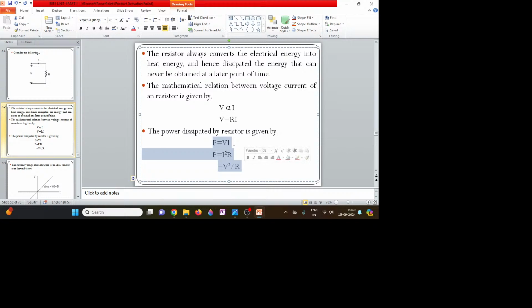One is P is equal to V into I, another is P is equal to I square R, and the other is P is equal to V square by R.